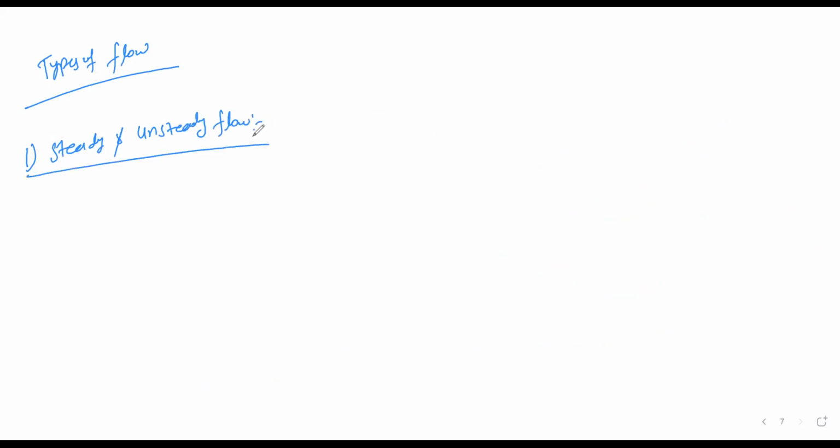So we'll see the types of flow. First is steady and unsteady flow. Steady and unsteady flow is always with respect to time. Properties of a flow like velocity and acceleration do not change with respect to time.